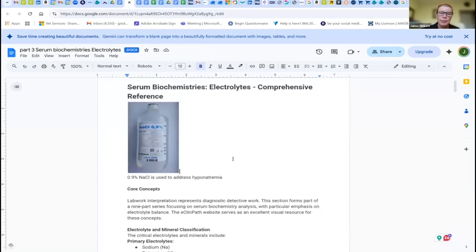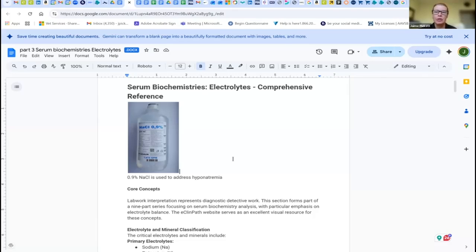So we're going to look at serum biochemistries, electrolytes. When we're shifting to electrolytes, one of the most foundational parts of serum biochemistry, and honestly one of the most clinically useful, is the electrolytes.